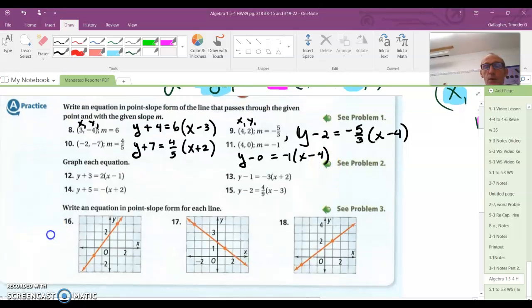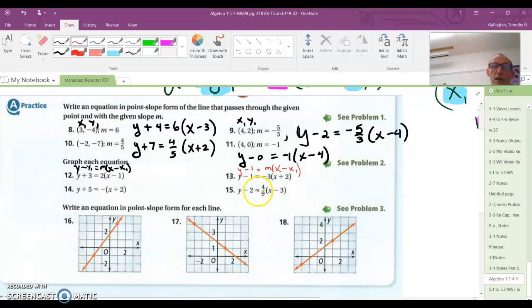Okay? Now number 12, 13, 14, 15 are a little different. We have to recognize what the point is. So above every one of these, we're going to write the formula y minus y1 is equal to m times x minus x1.